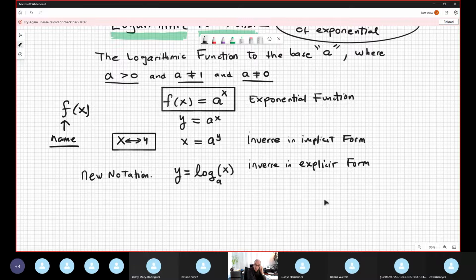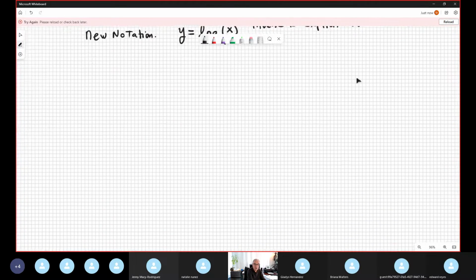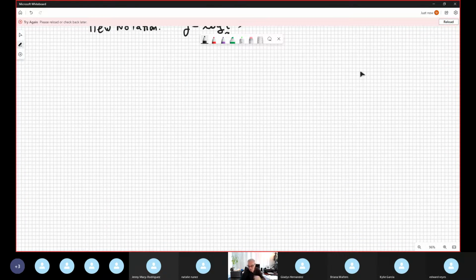This function can open the door because it is the inverse function of the exponential associated with the same base. But what is the interpretation? If it's the inverse, I know that we interchange range and domain.